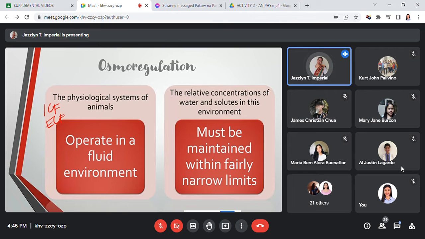Wherein you know that the relative concentrations of water and solutes are being managed. So to maintain osmoregulation or homeostasis, the concentration outside and inside of an animal's cell should be within narrow limits. You know this already.